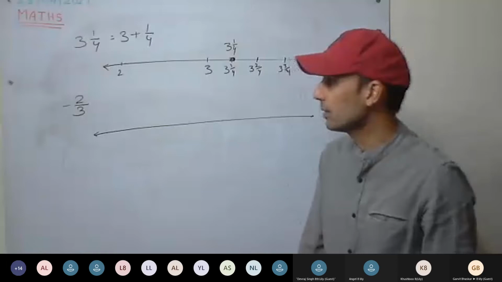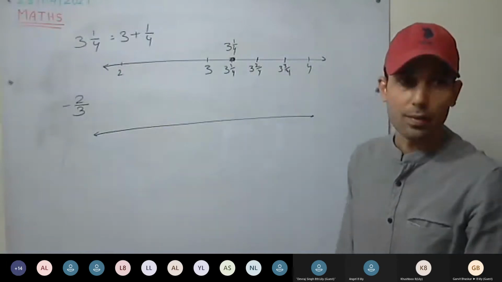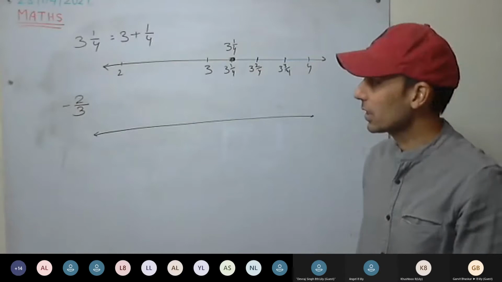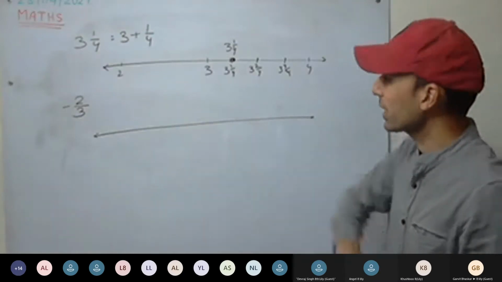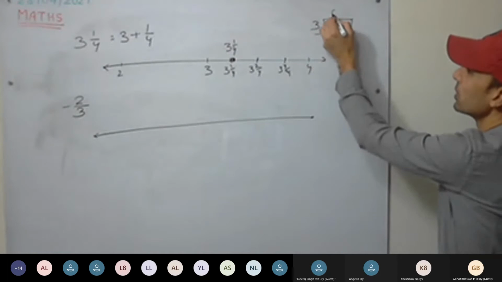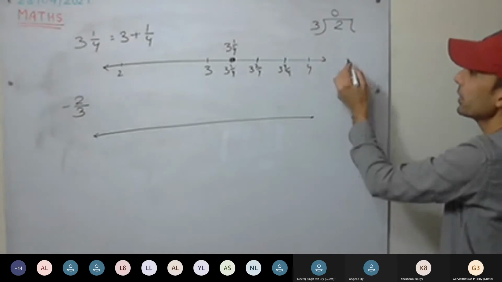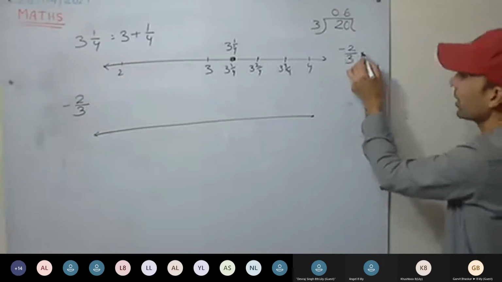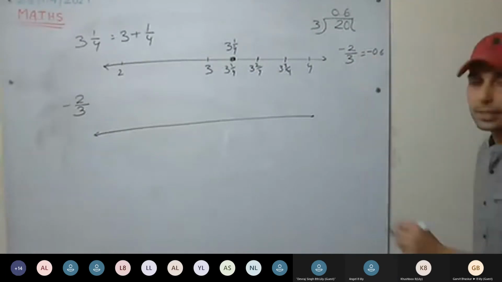Between which integers is it going to lie? Or you can check like this: divide 2 by 3, it is 0.6, so minus 0.6.